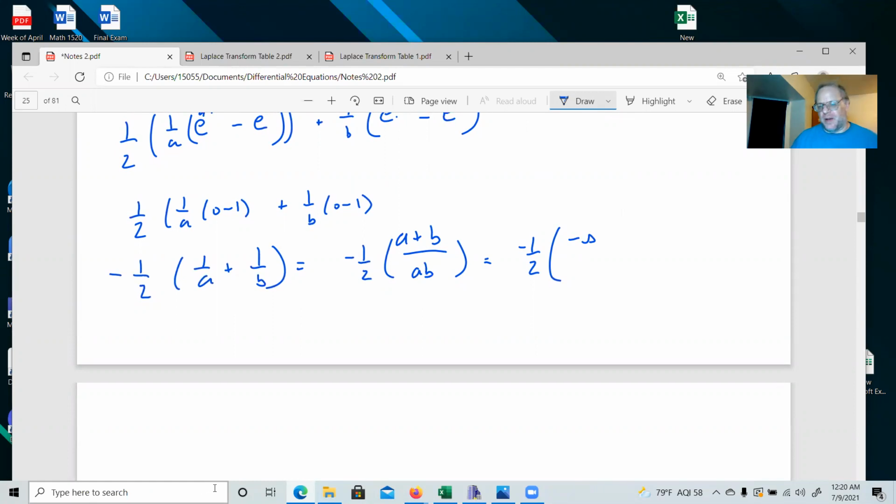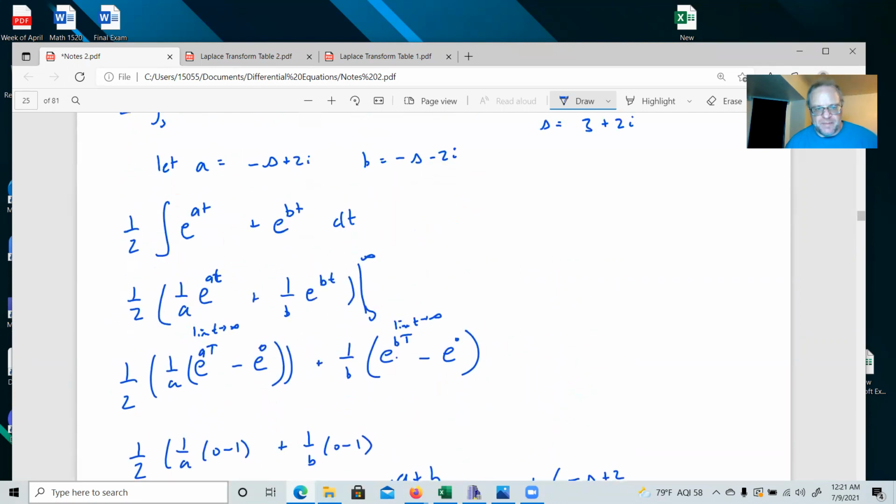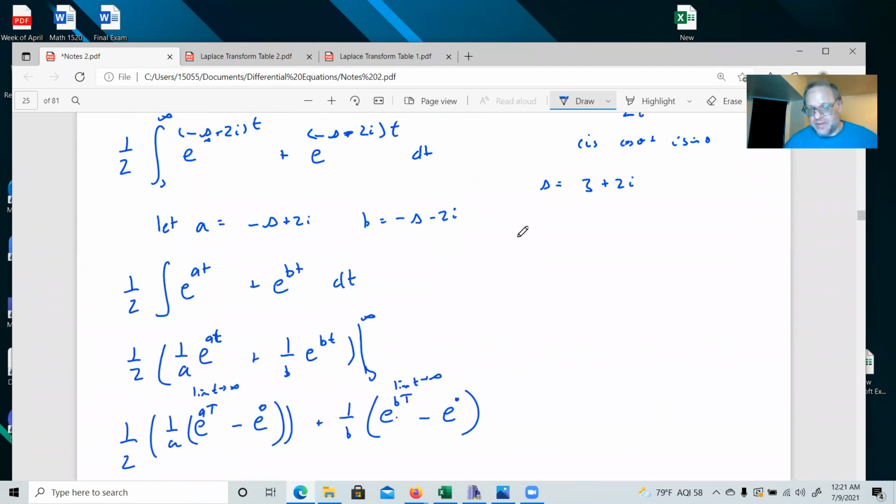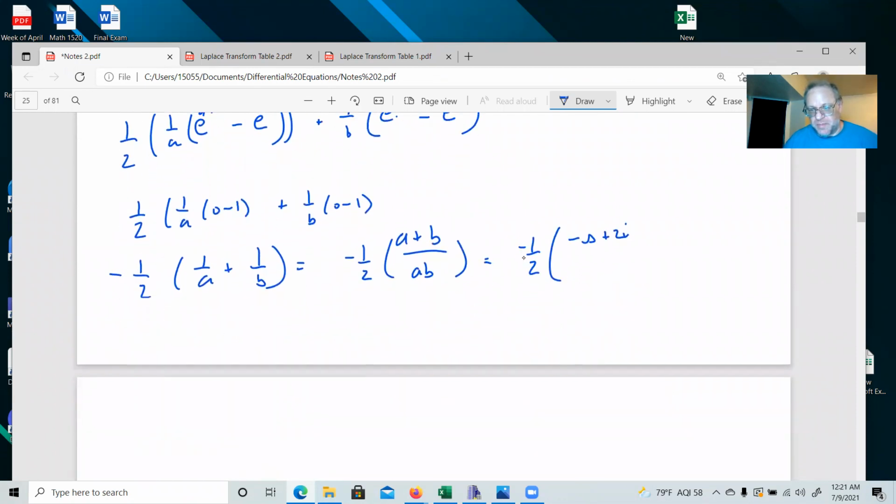All right, get my common denominators good. So this was negative s plus 2i. And here we have negative s minus 2i, so this is going to be minus s minus 2i all over, and then we have to multiply them together: negative s plus 2i times negative s minus 2i.